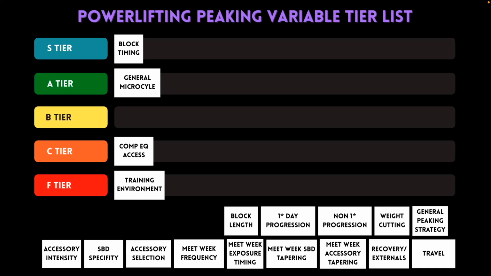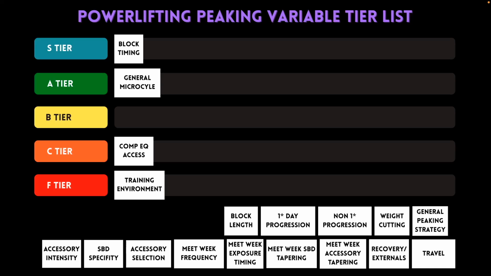Like if you typically run 4 week blocks, and you don't have a ton of peaking data, so you're going to go with an additional taper week peaking strategy, then obviously that block length is going to change. You're going to have to line it up so that you have 5 weeks for that last block going into the meet. So you can actually have that week four be done a week out, and then have an additional taper week tacked on.